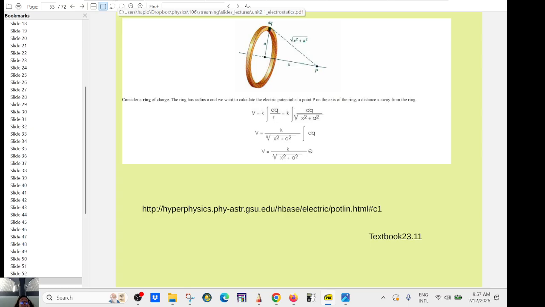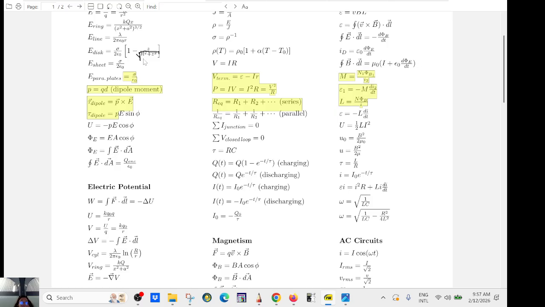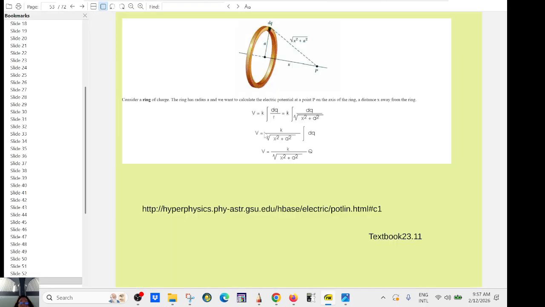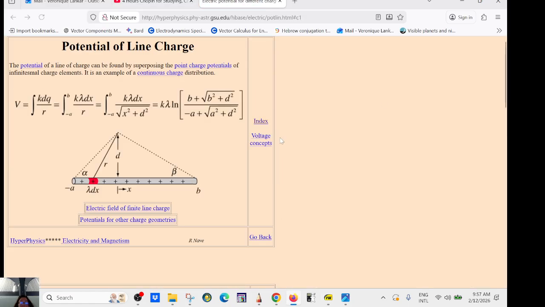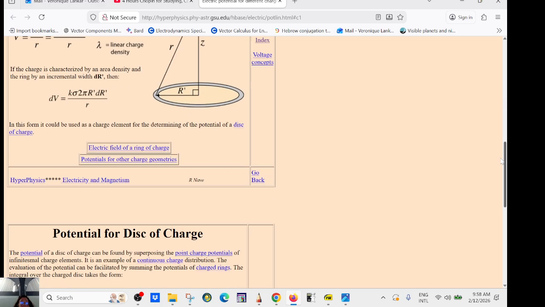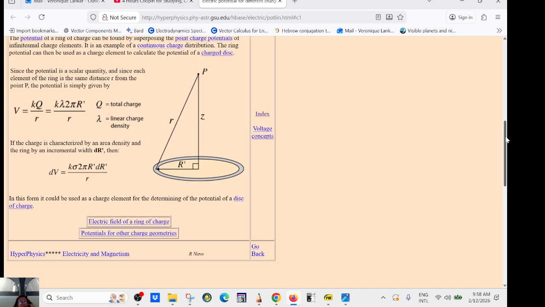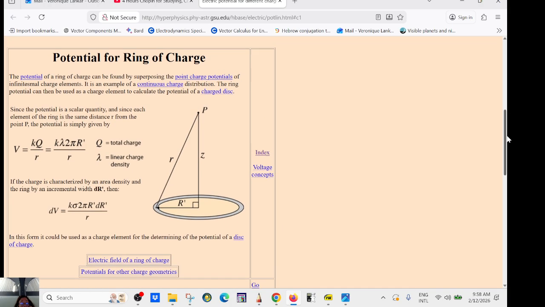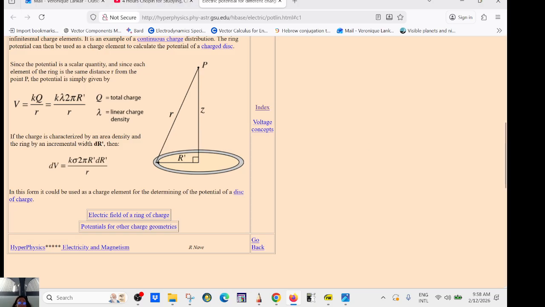For the ring, it doesn't have the square root that you have up there on the bottom. It says k times q over x squared plus a squared. Oh, there's supposed to be a square root there. I think it might be a mistake then, you're right. Yeah, it's a mistake.